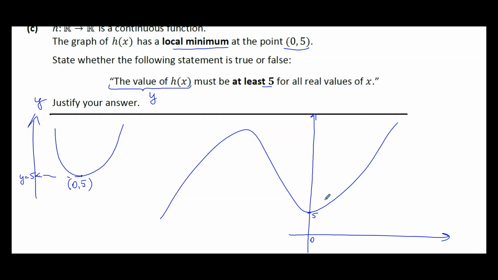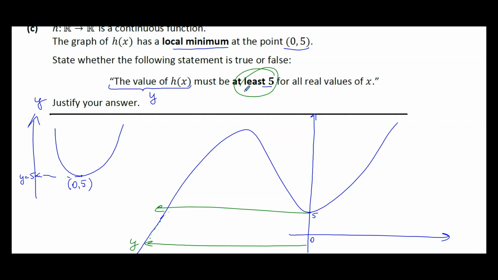Now, the problem here is that the value of y for this function in this place is 5, but this function will keep on going here. So if I'm looking at this value of y, it's not going to be at least 5. It's going to be, I don't know, -3, isn't it? And all the points below these are going to have different values.